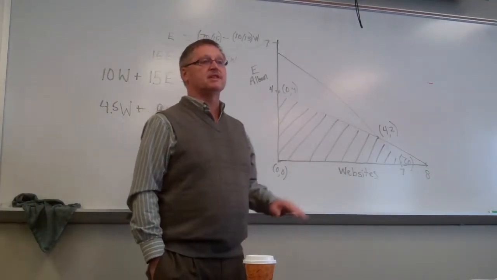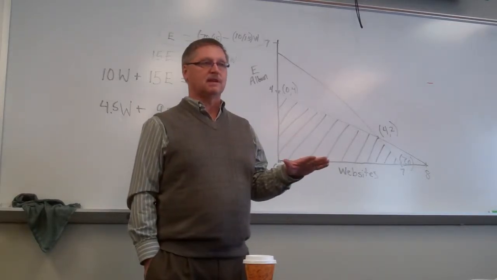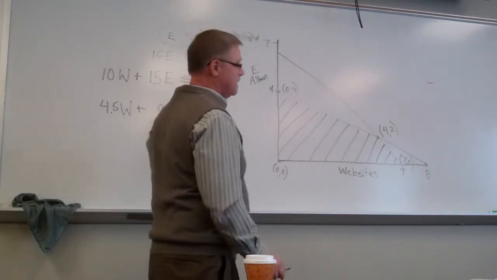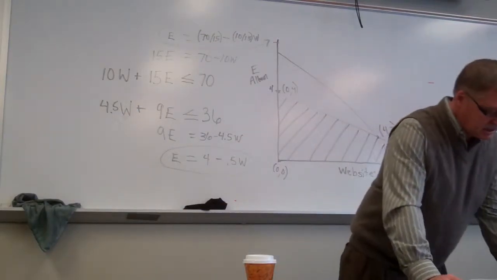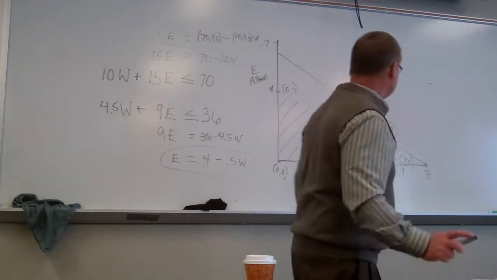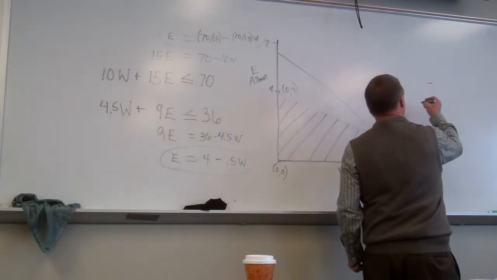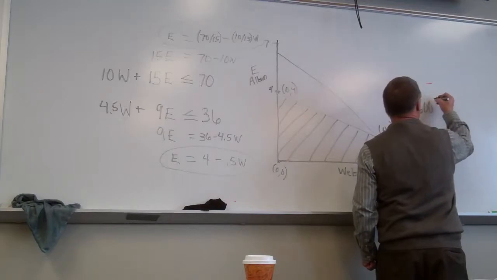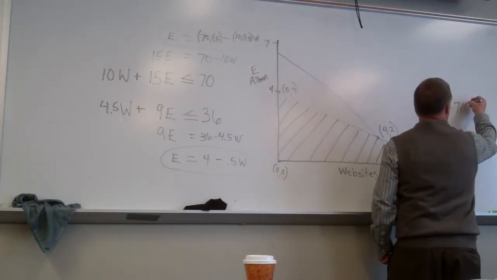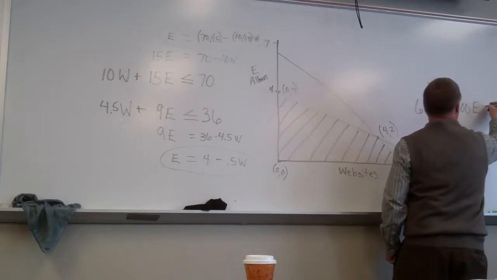Now, we still have to decide how we can make the most money. Our overall money-making equation is 600W plus 700E. 600 for every website plus 700 for every e-album.